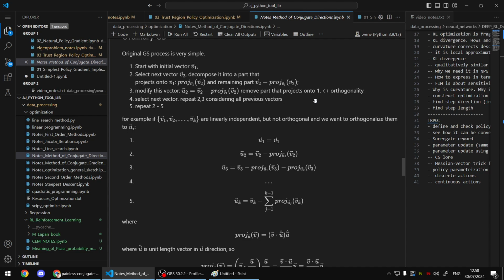And for the third vector we subtract perpendicular parts from the first and the second, and so on and so forth.